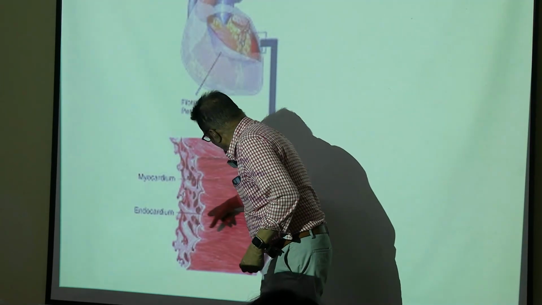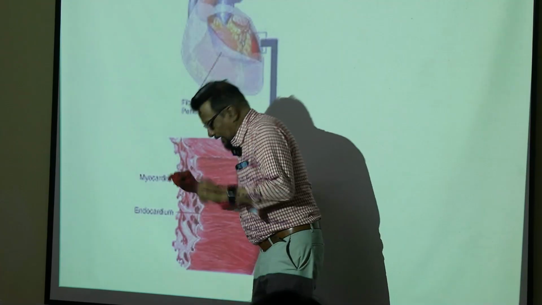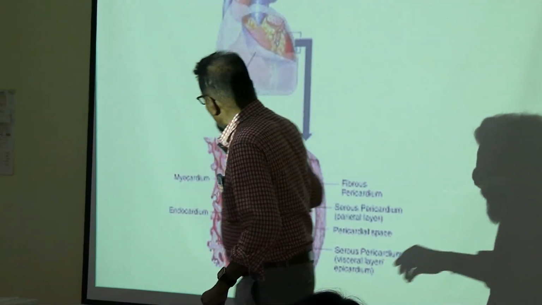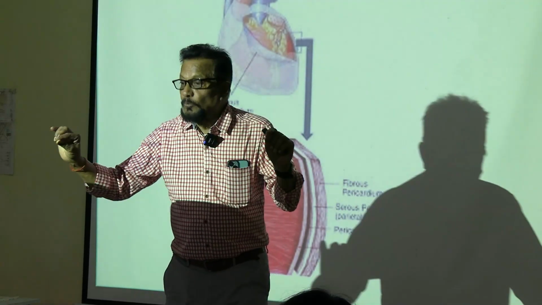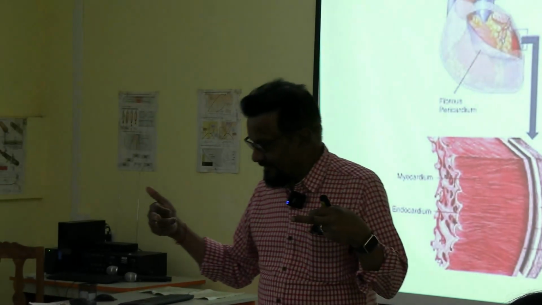And a number of branches will be entering up to this level. As they proceed, the diameter will gradually reduce. When they enter the last layer, they will anastomose. Anastomose means join to each other.